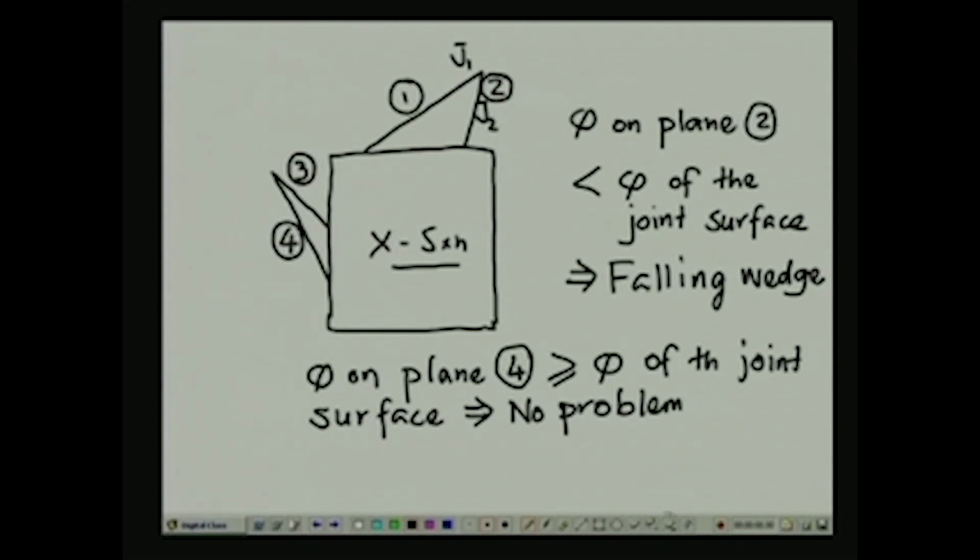And if we reverse the sign of the inequality, then we are going to have a sliding wedge.